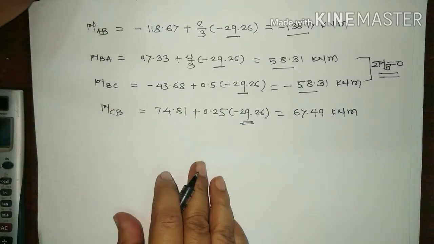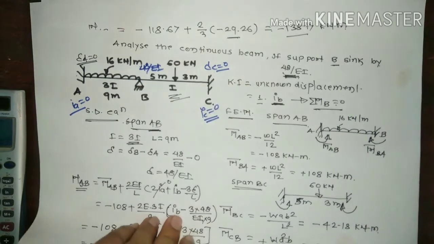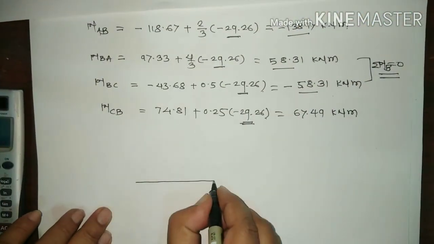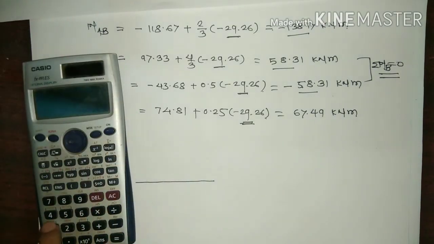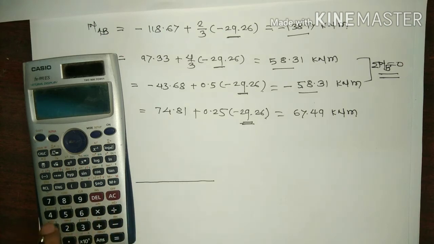For the first, consider each span as simply supported and draw the bend moment diagram. So here WL square by 8, WL square by 8, WL square by 8 here.